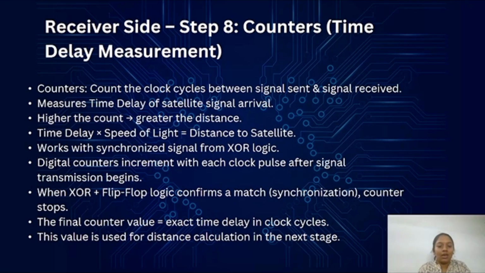Then by multiplying this time delay with the speed of light, we calculate the distance between the satellite and the receiver. With this simple step, the GPS finds out how far the receiver is from the satellite. So here the digital counter plays the role of the GPS timer, fast, accurate and reliable.